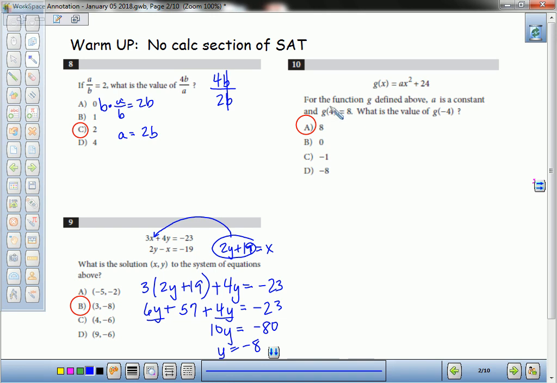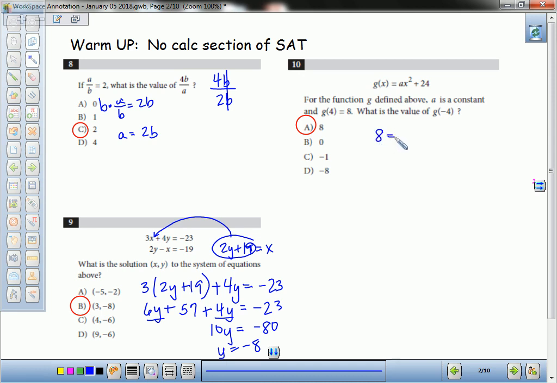All right, number 10. For this function, g is defined as this. We should recognize this as a parabola. A is a constant, and g of 4 equals 8. So what is the value of g of negative 4? All right, so if g of 4 equals 8, that means when I plug in 4 for x, I get out 8 for y, which is g of x.